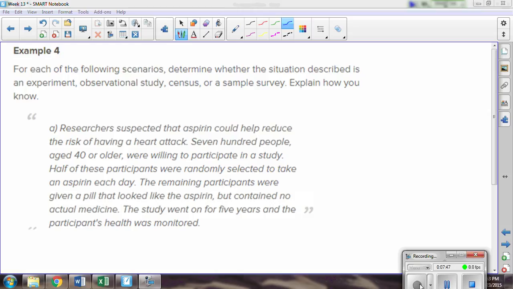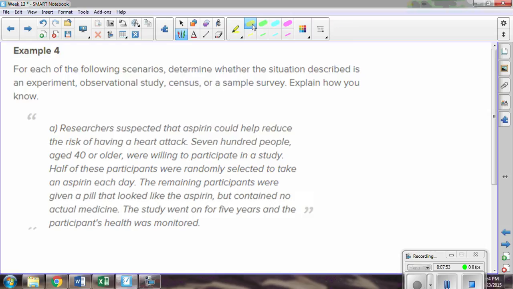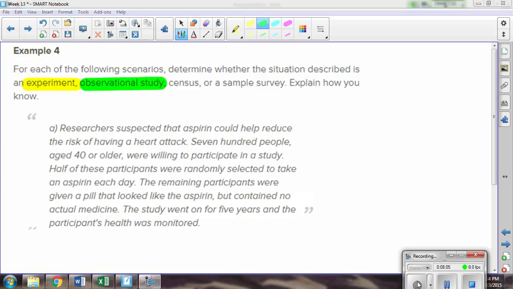So consider this. Is this a situation where we have an experiment, or is this an observational study? What do you think? Okay, remember, in an observational study, researchers don't do anything.